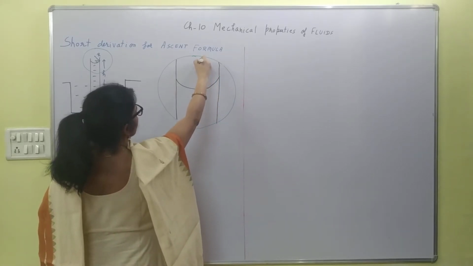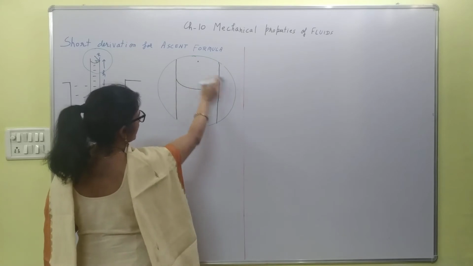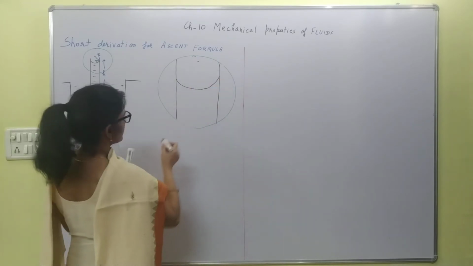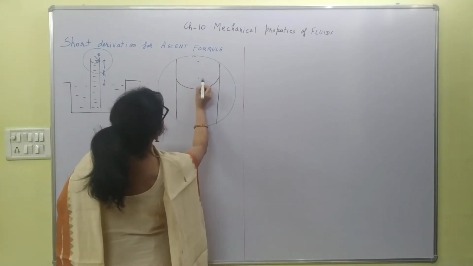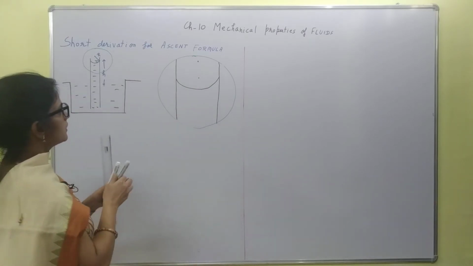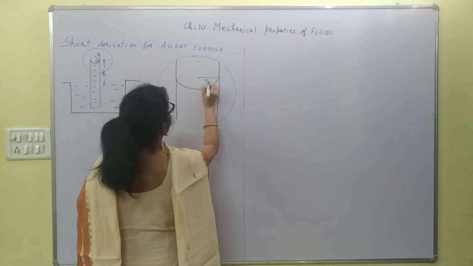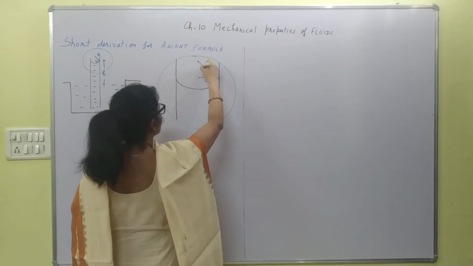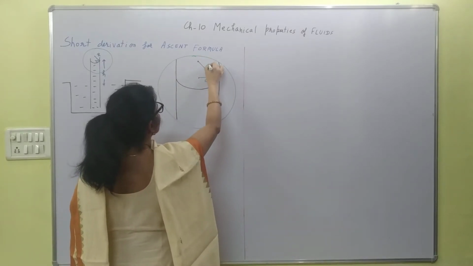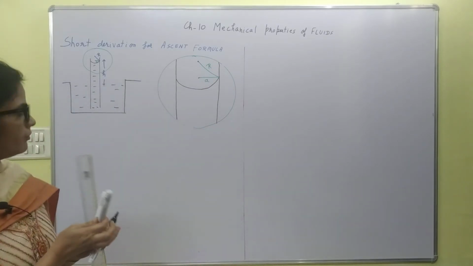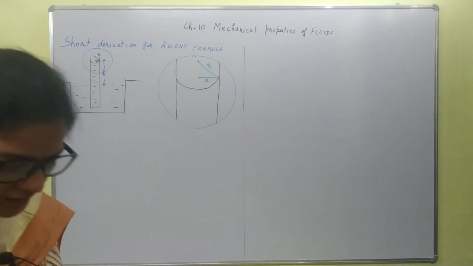This is the radius of the meniscus, and this is the radius of the capillary. This is the radius of the capillary, and this is the radius of the meniscus.